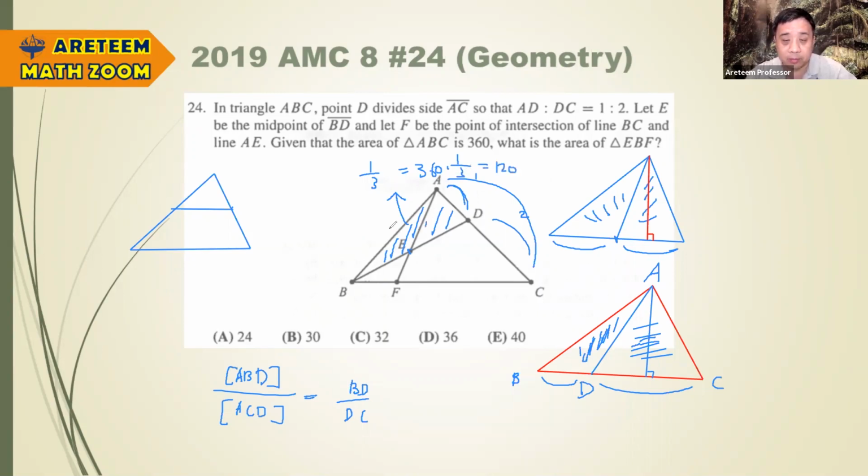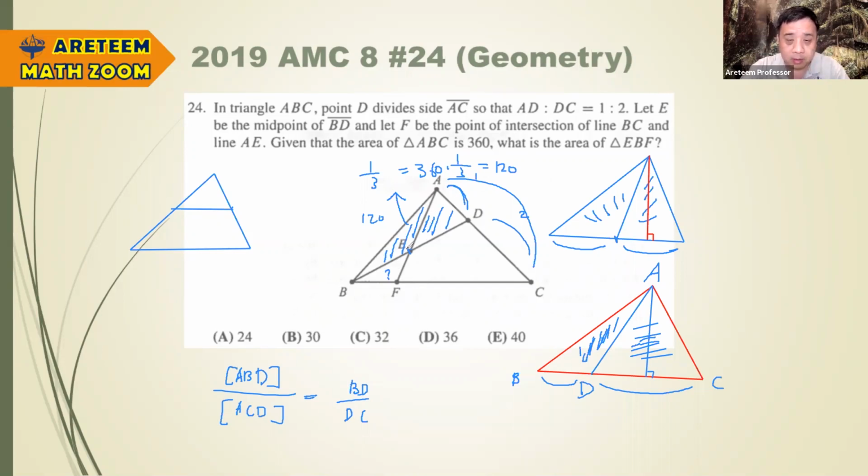So 120 is the area in this region. Then we're looking for EBF, that small part. We have this part, but we don't know the part ABF, so that part we need to find out.